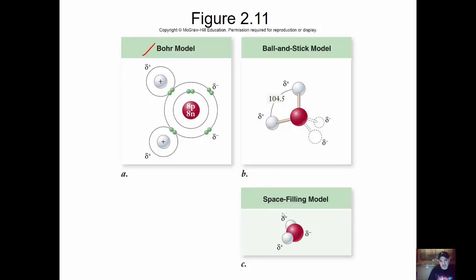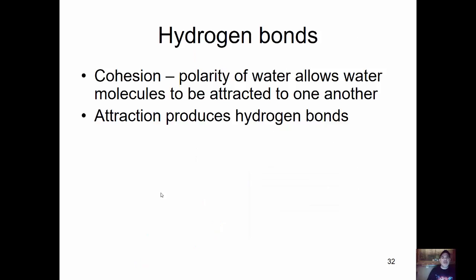It's an angular molecule, and then this is a space-filling model. Then we draw our simple structural model that I've drawn before, with our partial negative and partial positive charges. And there's our water molecule.